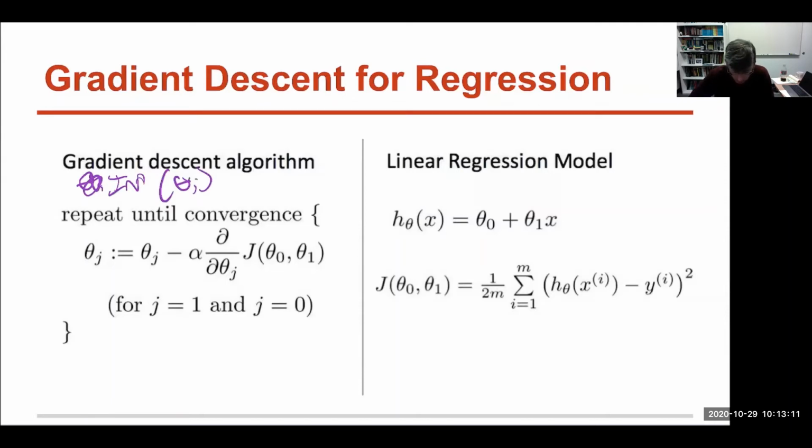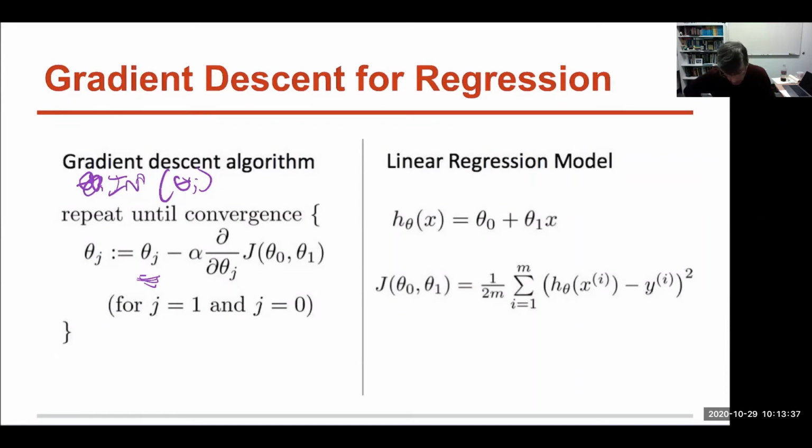Then what are we going to do? In each iteration, we are going to update each of the parameters, one after the other. In the case of our line, the line has two parameters, theta 1 and theta 0.